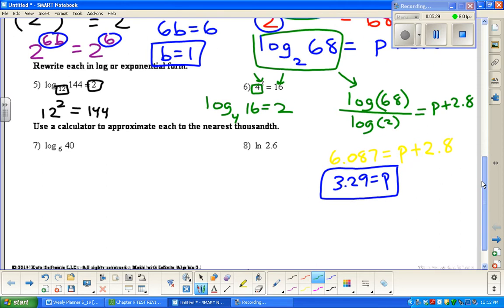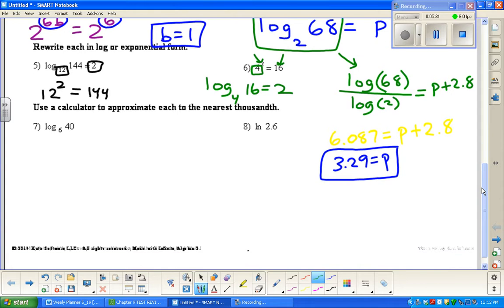Okay, 7, using the calculator, kind of like the step we did up here in number 4. Okay, log base 2 of 68. Number 7 is the same kind of problem. It's log base 6 of 40. So this is basically saying what power do we have to raise 6 to make it equal 40? Okay, so the trick, or the change of base formula, says take the log of the larger number, log of 40, divided by the log of the base.